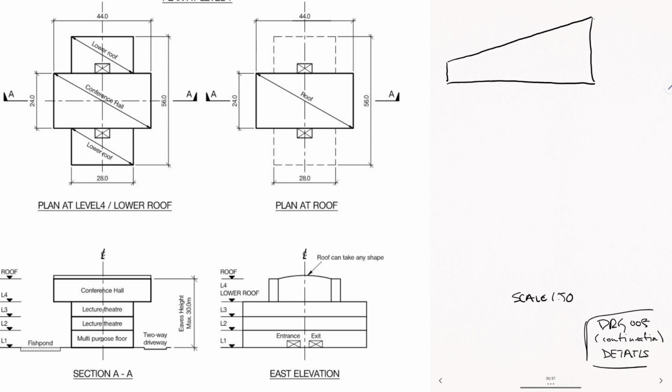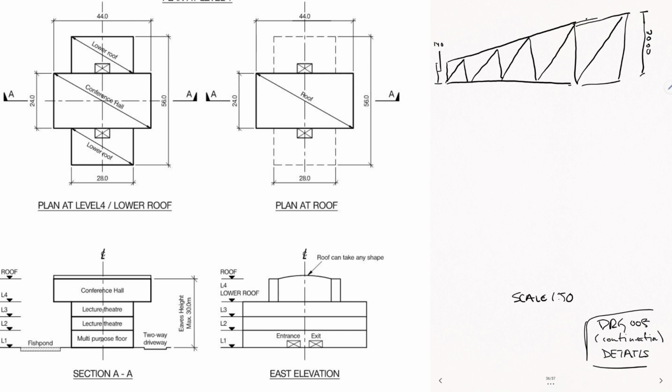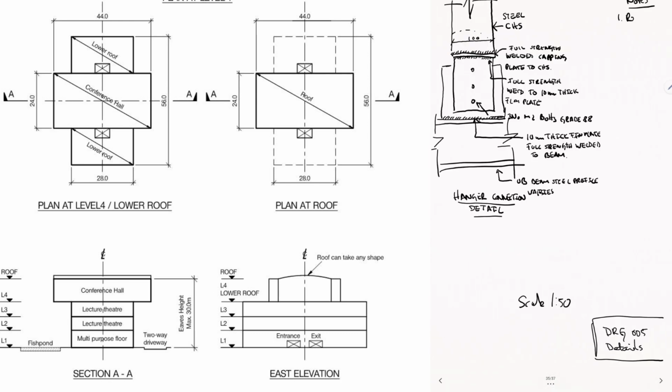The second detail that I'm showing is not such a detail. I found that it was very useful because in the sections I could not show the build-up of the truss properly because of the scale of the drawing.